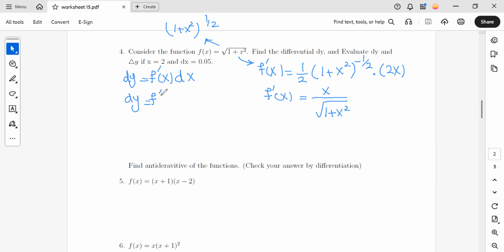So f prime of 2 times dx, which is 0.05 according to the question. So dy would be f prime of 2, which is 2 over the square root of 1 plus 4, times 0.05. Using the calculator, you would get 0.045, which is dy. Now we're going to find delta y.